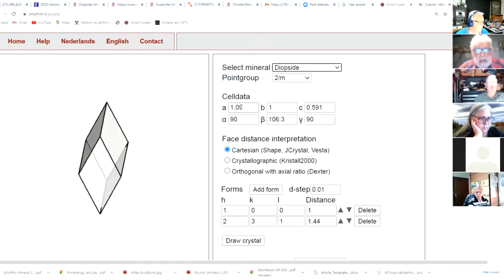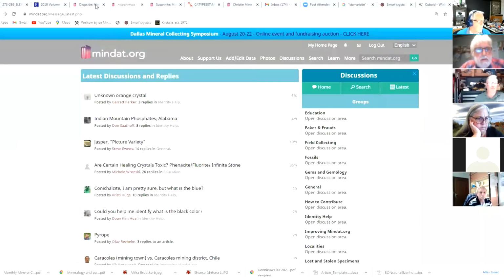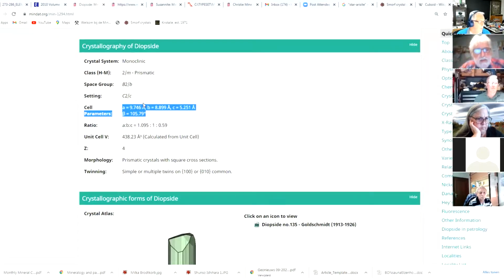You might see that there's a difference in the cell data. You have 1.091 and 0.59, whereas here with diopside, it has different numbers, and that's because here you have the real dimensions of the cell, and here you have the ratio.